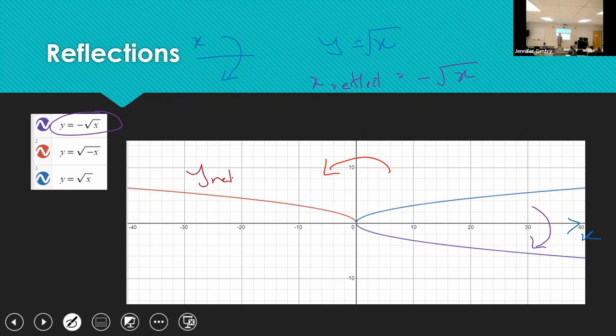So all you need to do to look for reflections is who owns the negative sign? Who does it belong to? Right? If it belongs to the x, whoops, I lied, if it belongs to the x, it's a y-axis reflection. If it belongs to the y, it's the x-axis reflection.